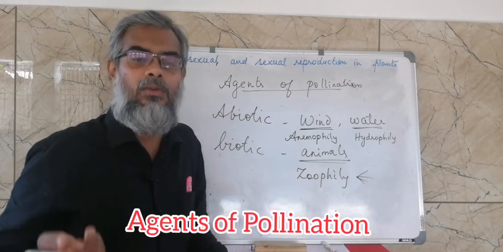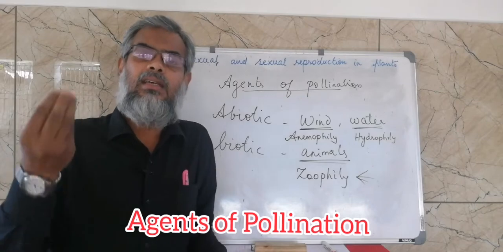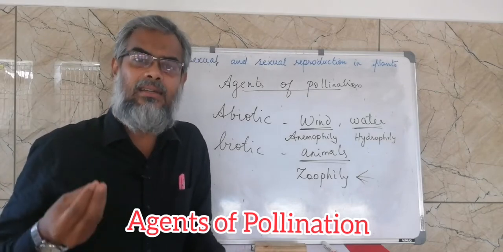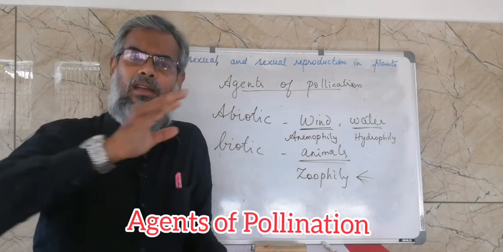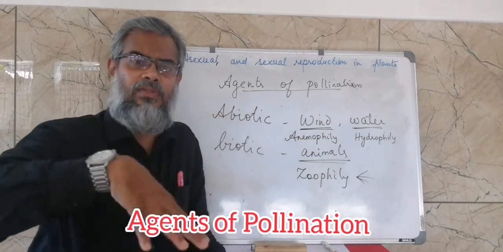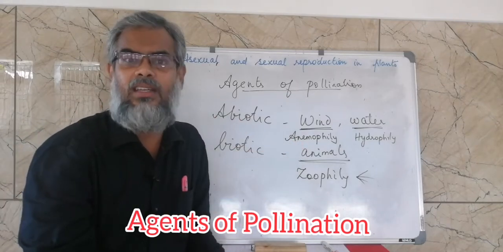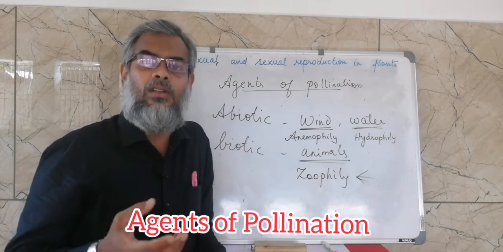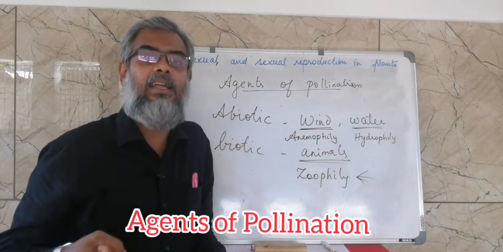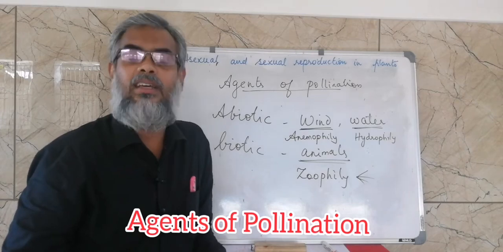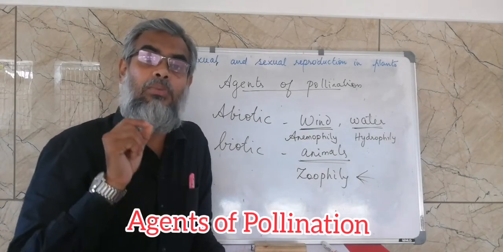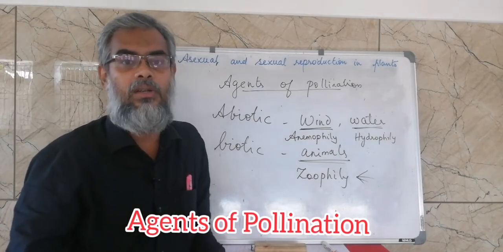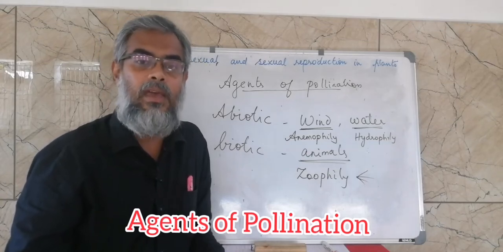Maximum you would have seen in gardens, some bees or beetles, butterflies, all fly around the flowers, isn't it? You would be wondering why. Maybe you thought that it is just sucking the nectar of the flower. But understand, my dear students, it is for the pollination. For cross pollination, insects play a major role.